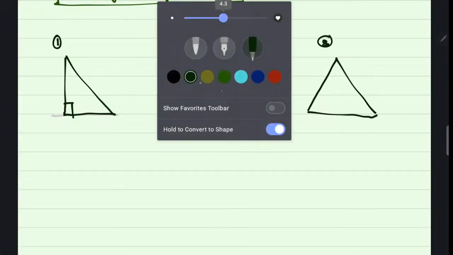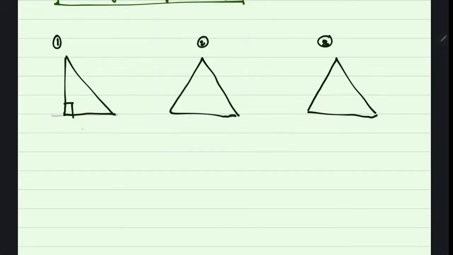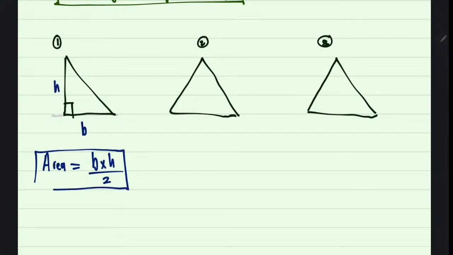For this triangle, which is a right angle triangle, if they ask you for area, you just say base times height over 2. For this one, you'll be given the height and the base.